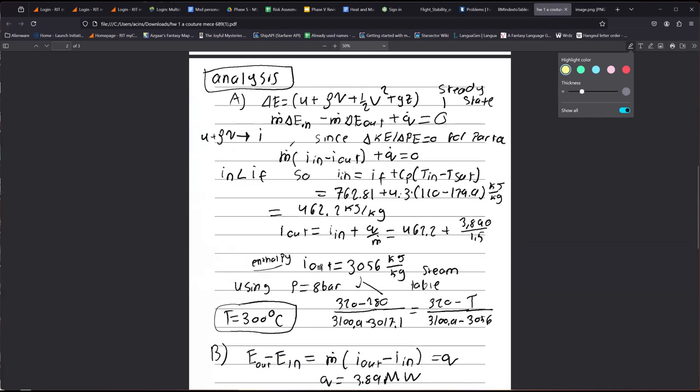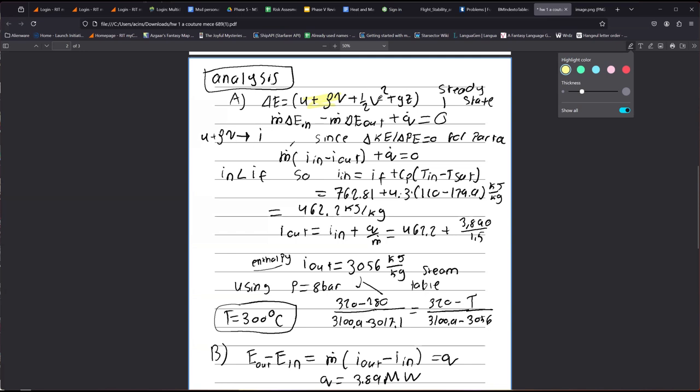Now, for the analysis, I dissected the standard energy balance equation. You have the standard u plus rho times specific volume, plus the kinetic and potential energy terms. Obviously, u plus density times specific volume turns into enthalpy.